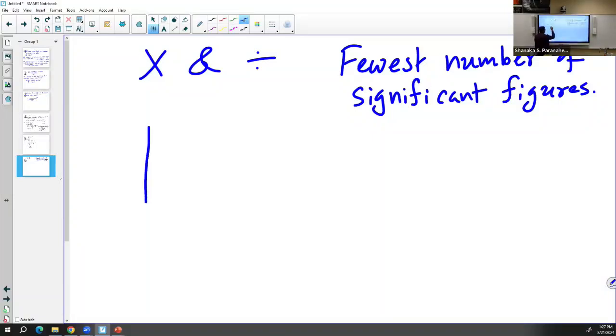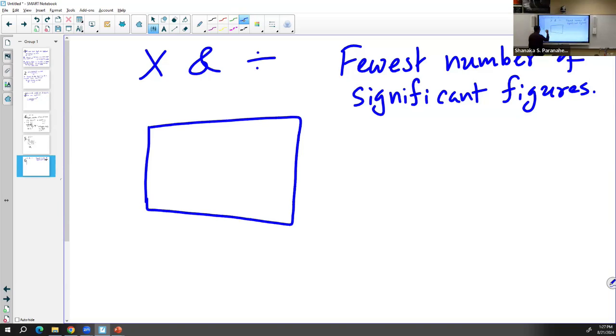As an example, let's say we want to calculate the area of a rectangle.